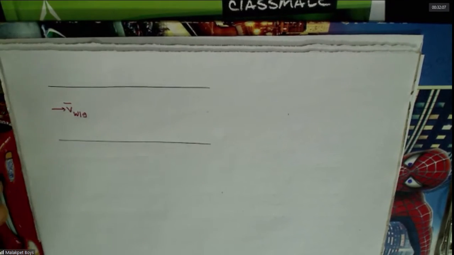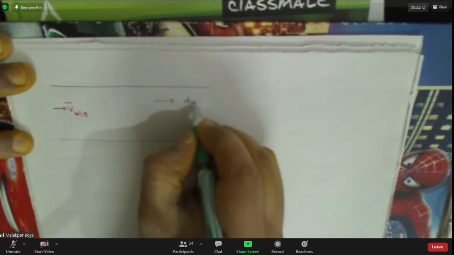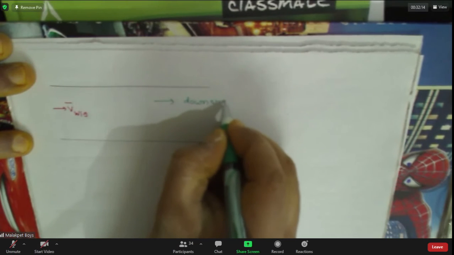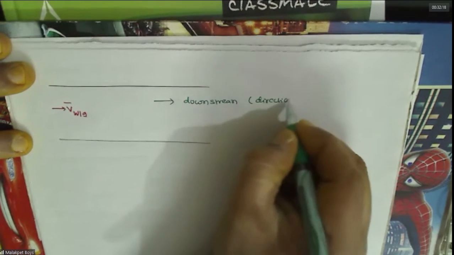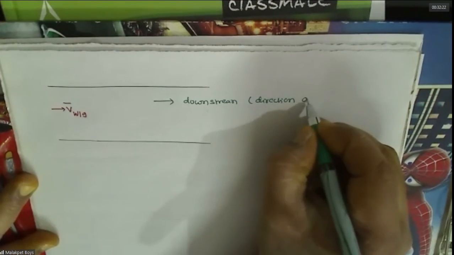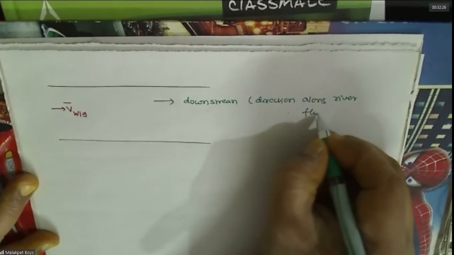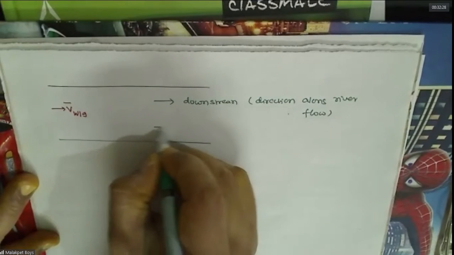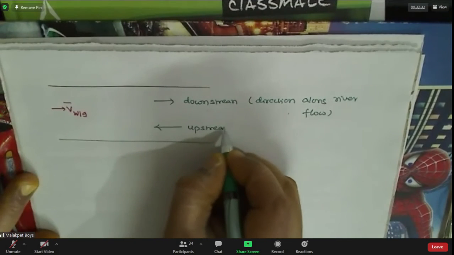So remember that this direction is called downstream, means down the river, along the direction of river flow. Whereas this is upstream.